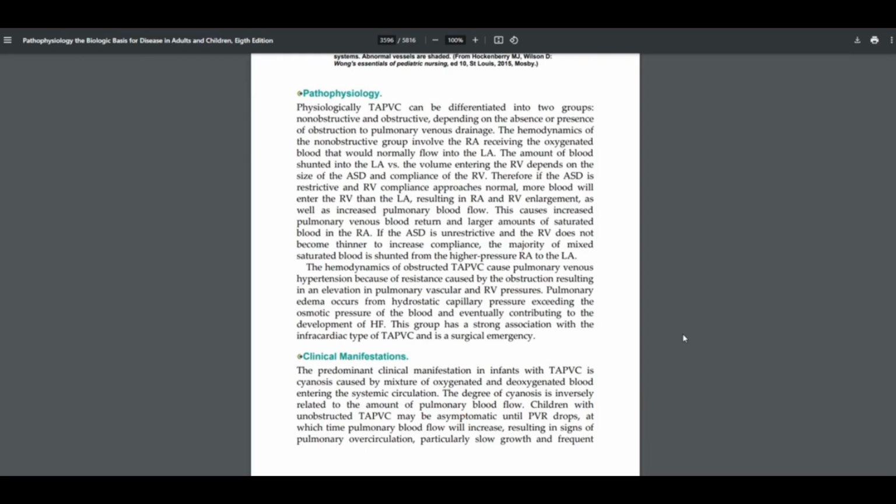Pulmonary edema occurs from hydrostatic capillary pressure exceeding the osmotic pressure of the blood and eventually contributes to the development of heart failure. This group has a strong association with the infracardiac type of TAPVC and is a surgical emergency.